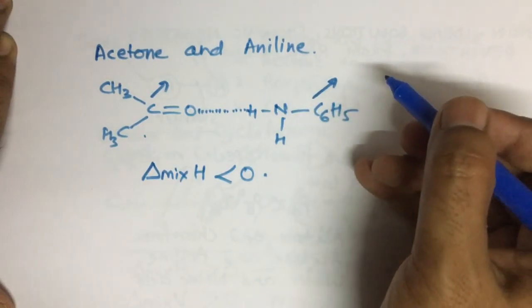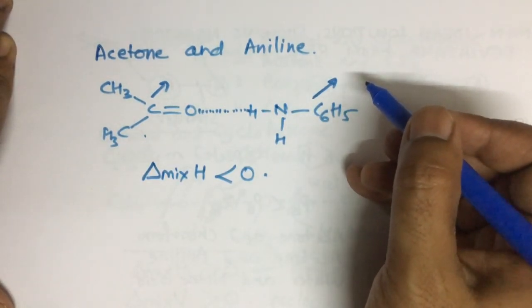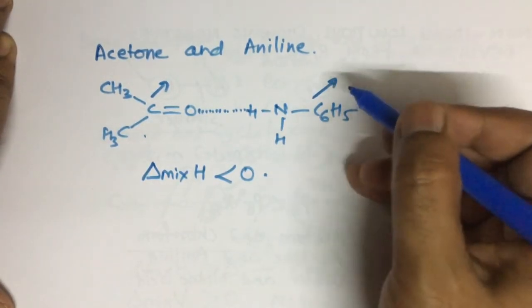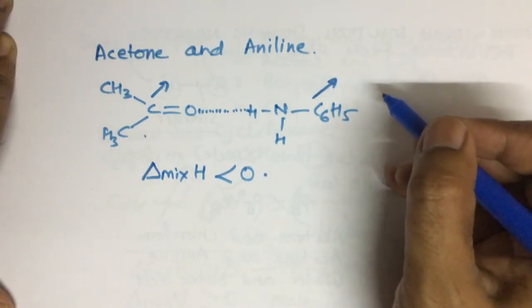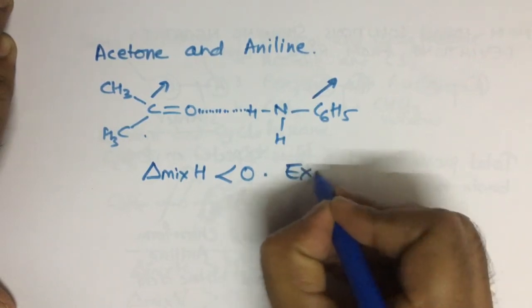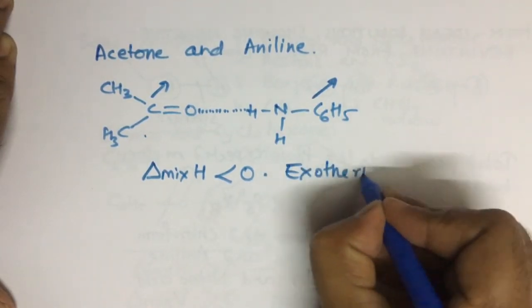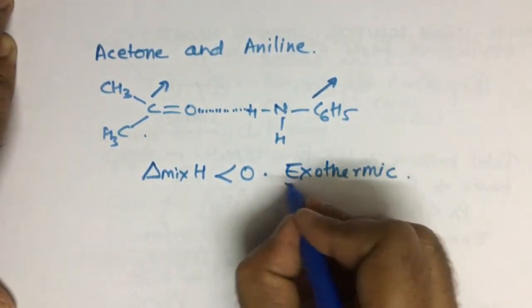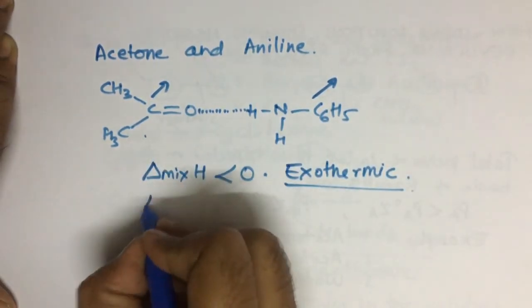To break the weak bonds, less energy is required, and when strong bonds are formed, more energy is released. So overall there will be a release of energy, and the enthalpy of mixing is exothermic in nature.